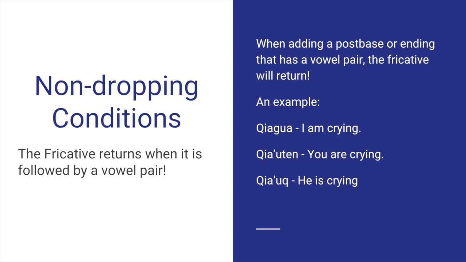The example is the kiaok again. So kiahua has two vowels after the G, and then we drop that second vowel and we add the U ending, right? So you are crying, and it's kiauten, and then kiauk.